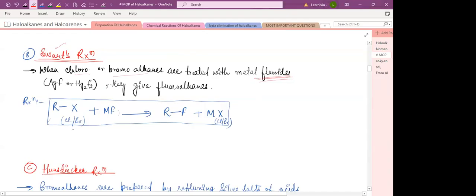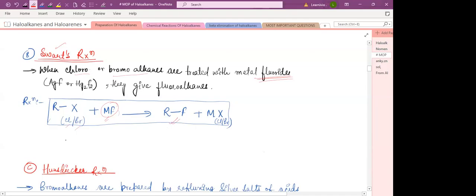Here we take a chloroalkane or bromoalkane and treat it with a metal fluoride, and you will get the corresponding fluoroalkane, or alkyl fluoride.